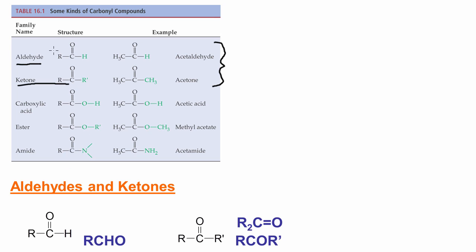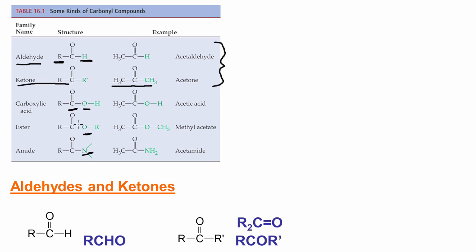And we can see the difference. In an aldehyde, notice the carbonyl carbon is bonded to another carbon and a hydrogen. In a ketone, the carbonyl carbon is bonded to two other carbons, or two alkyl groups, like for example in acetone. As far as carboxylic acids, esters, and amides, notice that the carbonyl carbon is also bonded to another electronegative atom.